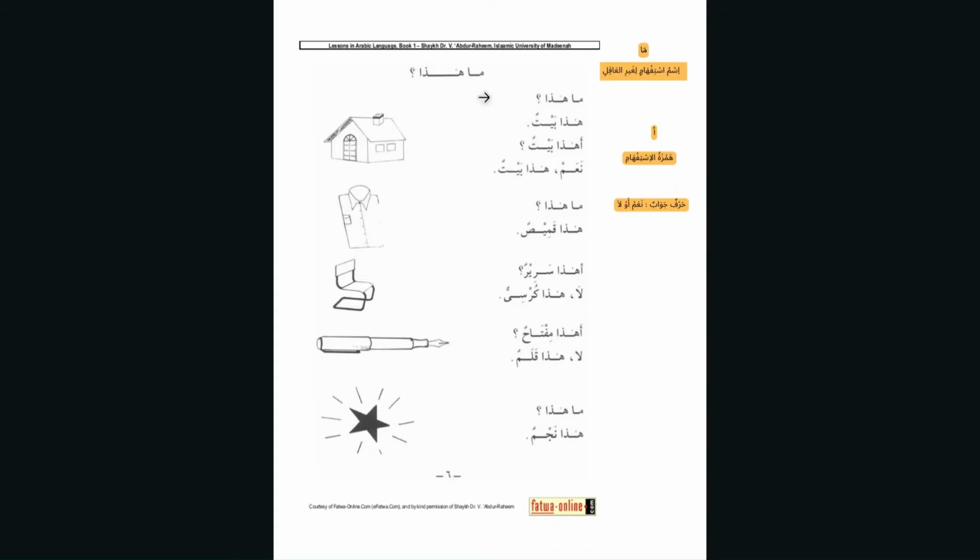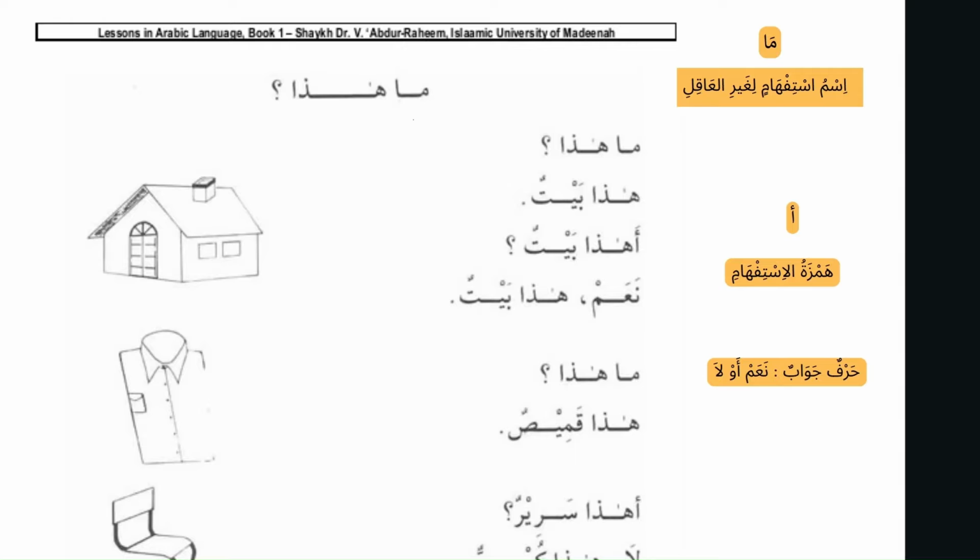Today, we are so excited to begin our journey together with the very first lesson from the highly respected Durusul Lughah al-Arabiyyah Volume 1 by Dr. V. Abdur-Raheem rahimahullah. This series is designed for absolute beginners, so if you are new to Arabic, you are in the right place. In this lesson, we are going to take a look at the question, what is this in Arabic?